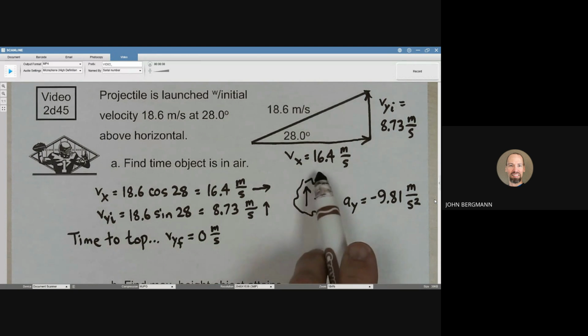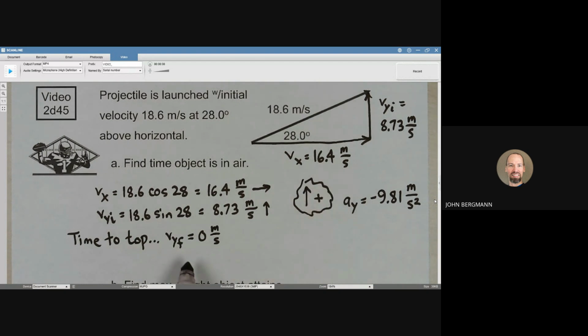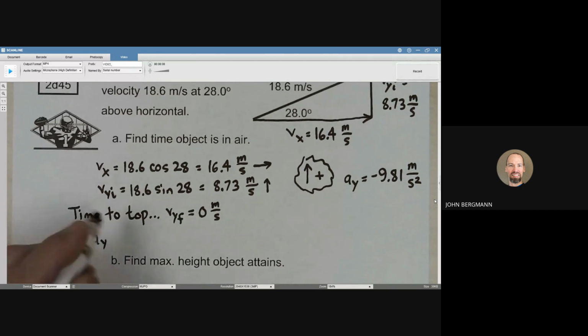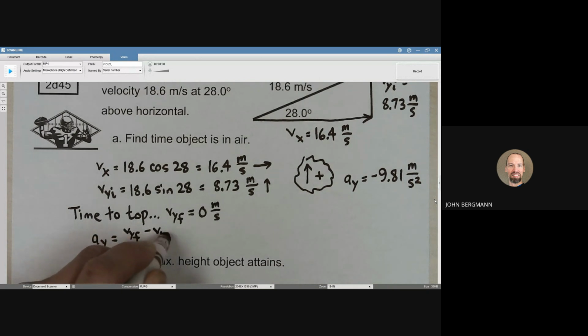Now, the x velocity component is still good at the top, but at the top, Vy final is going to be 0. The equation we can use is Ay is equal to Vy final minus Vy initial divided by time. That term goes away.